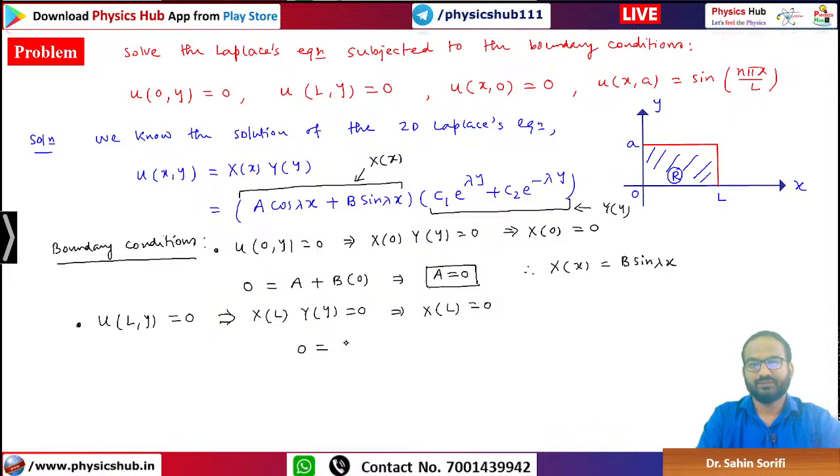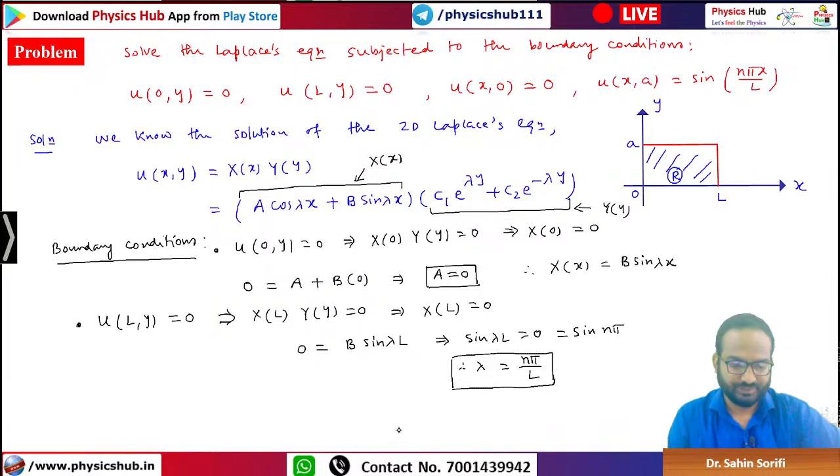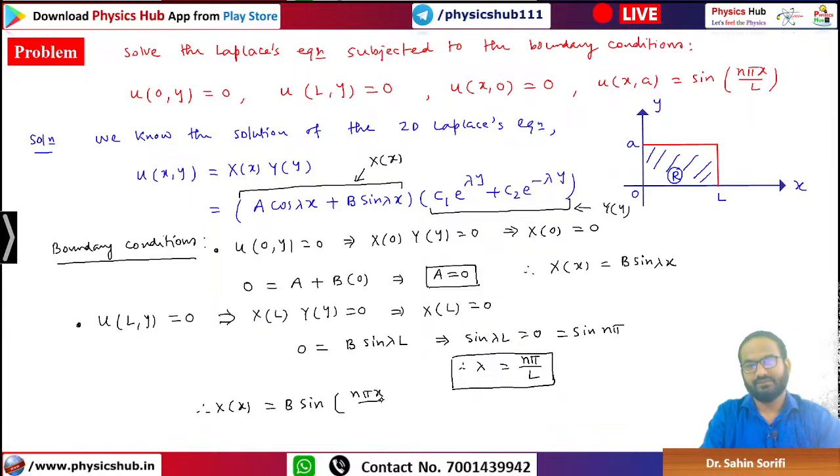So 0 equals b sin lambda L. This can be written as sin lambda L equals 0, that is equal to sin n pi, and hence lambda equals n pi by L. Clear? So we can write X of x equals b sin lambda x, meaning b sin(n pi x by L).